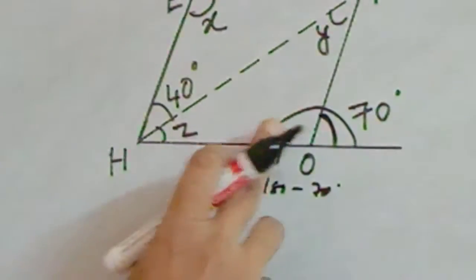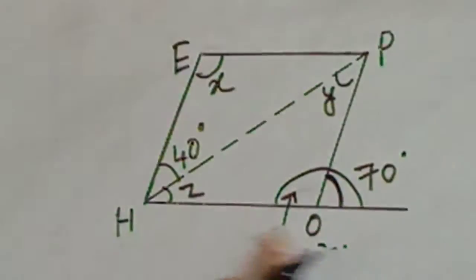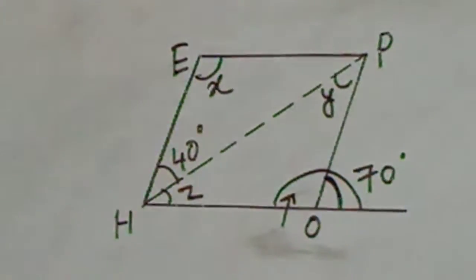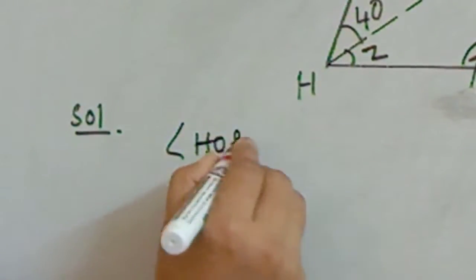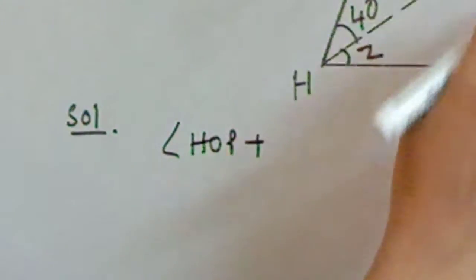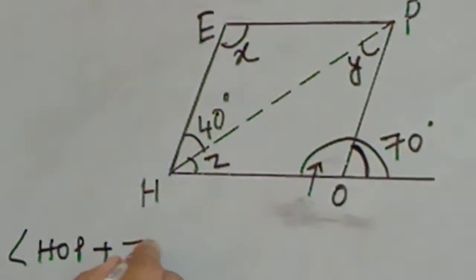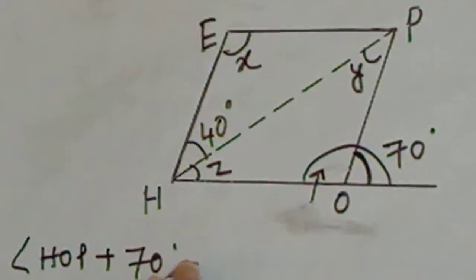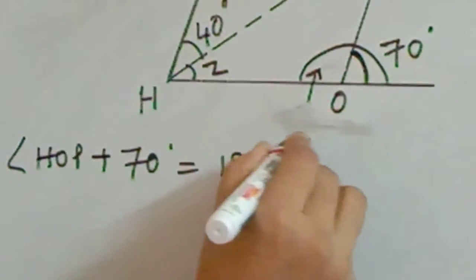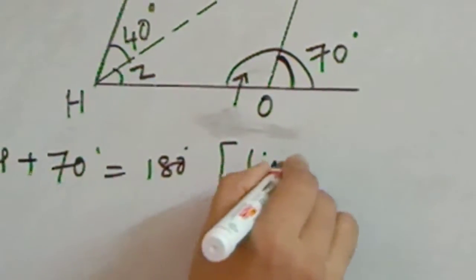So we are finding angle HOP. First of all, we want to find the angle HOP. Angle HOP plus 70 degrees is equal to 180 degrees, because of linear pair.